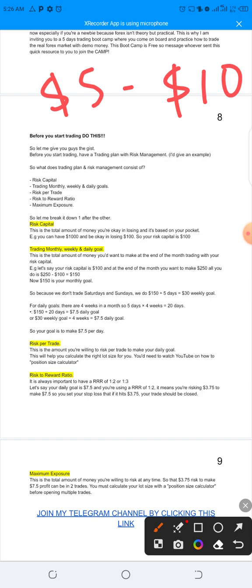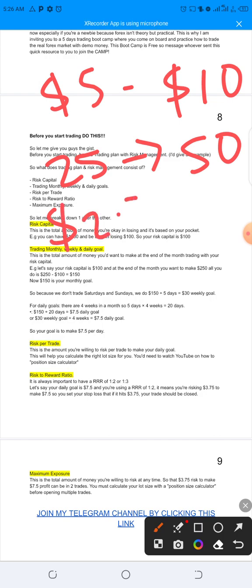The first trade is 30 pips or 20 pips. Let's say, just to balance it up, 25 pips. So we are risking 25 pips to make 50 pips. That means we are risking $2.5 to make $5.